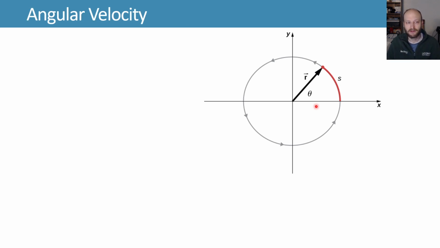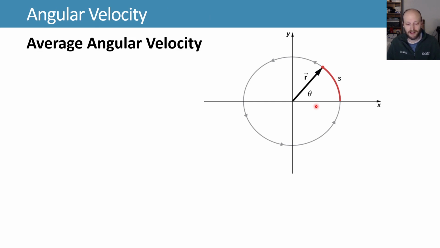Next, let's develop velocity. Our average angular velocity will be the change in our position over time, or our displacement over time, and we'll use the Greek letter omega to refer to this. This is the Greek letter theta, so we'll say omega bar is equal to delta theta over delta t. If we want to compare that to a translational quantity, this is similar to how we had our average linear velocity, v bar, equaling delta x over delta t.